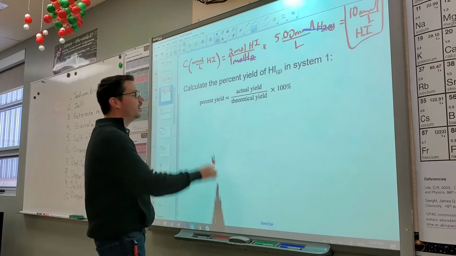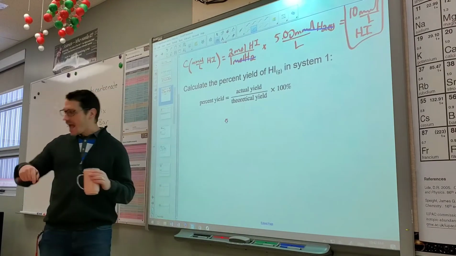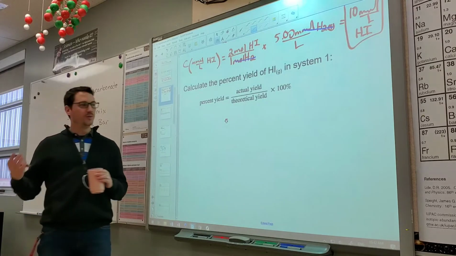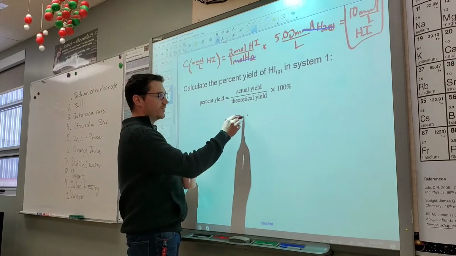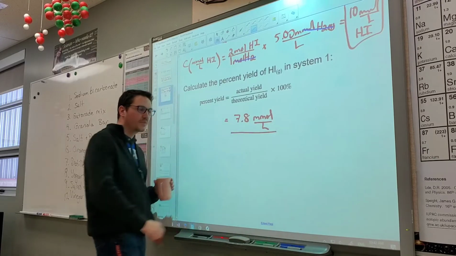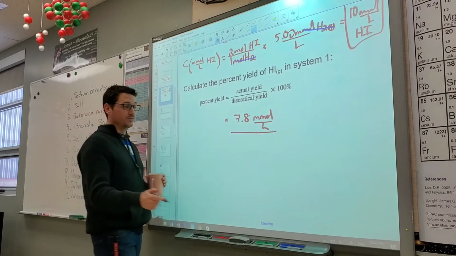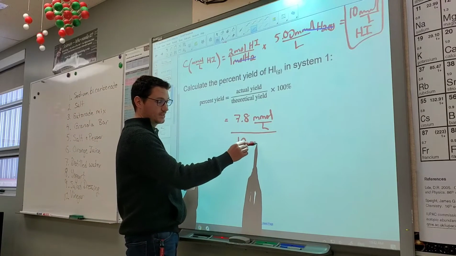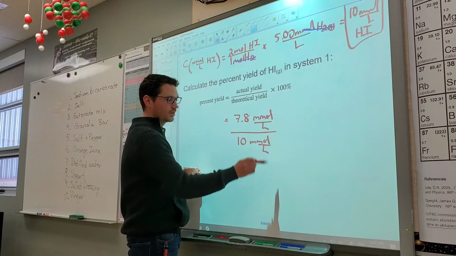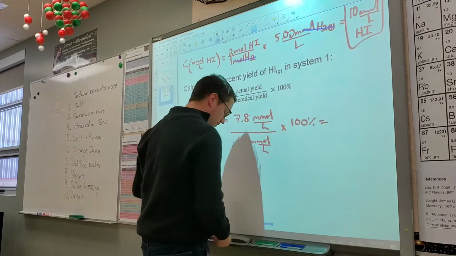So we're going to do our percent yield calculation. Percent yield is the actual yield that we got. So we actually got 7.8 millimoles per liter. We were expecting to get what value? 10 millimoles per liter.